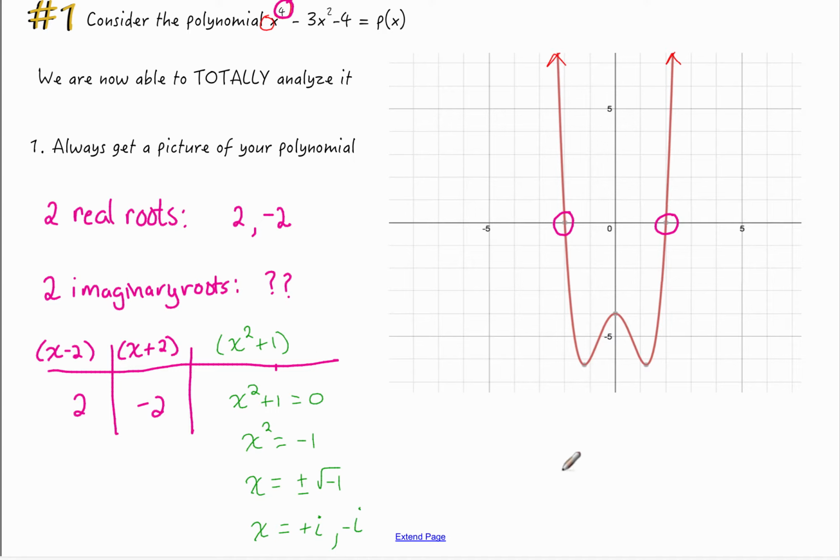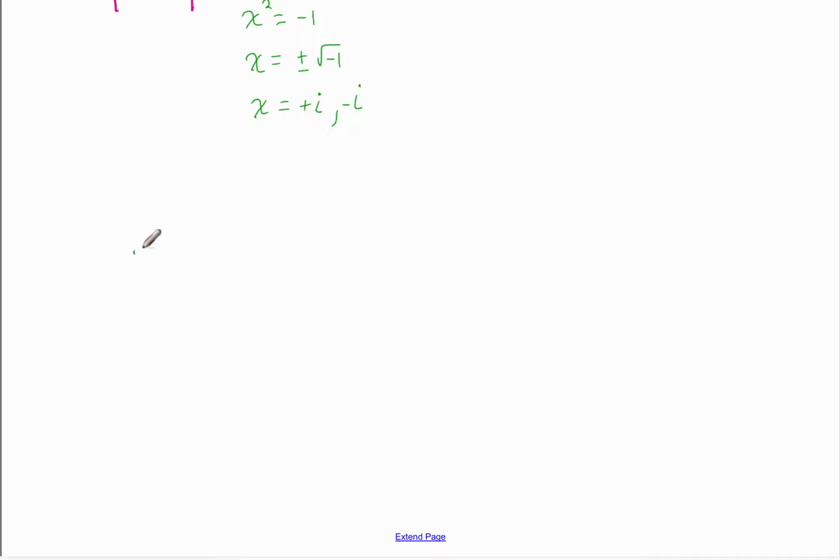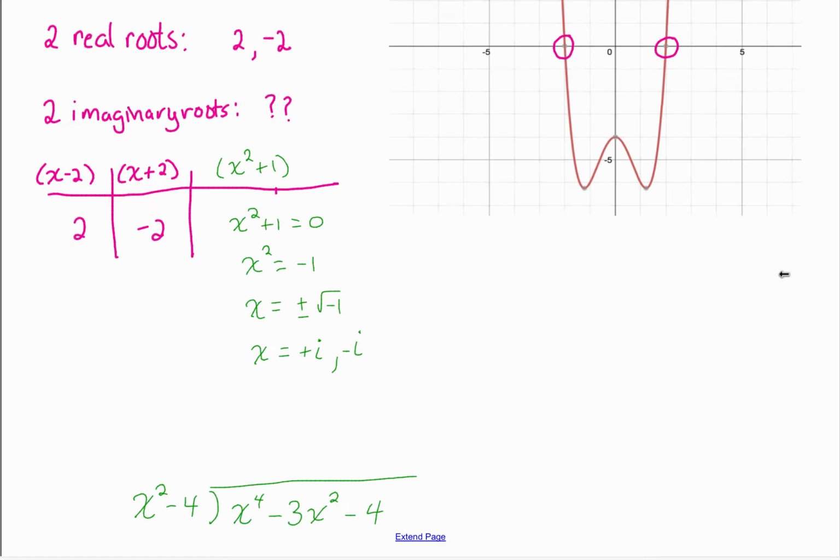There, I have 4 roots. Now, if it didn't factor that well, we could have always just done long division. We could have always said x squared minus 4 goes into x to the fourth minus 3x squared minus 4. We could have divided it out and figured out what my other factor was.